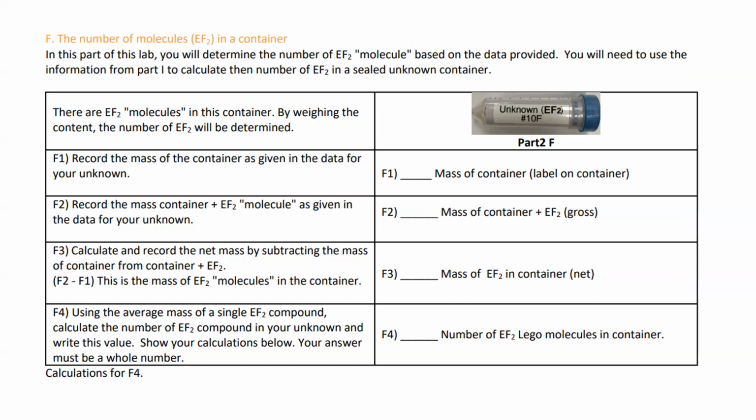Subtracting the mass of the container from the gross mass of the container and the molecules, you'll get the mass of some number of EF2 molecules. That's called the net mass. Divide that by the mass of a single EF2 molecule found earlier in the experiment, and you will determine the number of EF2 LEGO molecules that are in the unknown container.